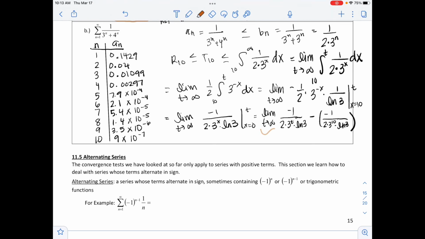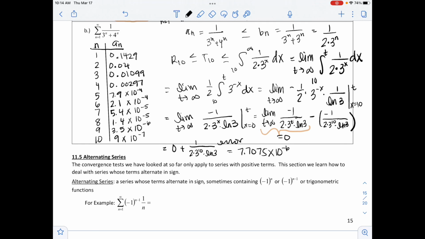And looking at this limit that we have right here, you'll notice that the exponent is going to cause that 3 to get really large. And so that large value would be going off to infinity, but in the denominator, which means that this would be equal to 0. And so we now have 0 plus 1 over 2 times 3 to the 10th times ln of 3, which is our error, which is equal to 7.7075 times 10 to the -6.